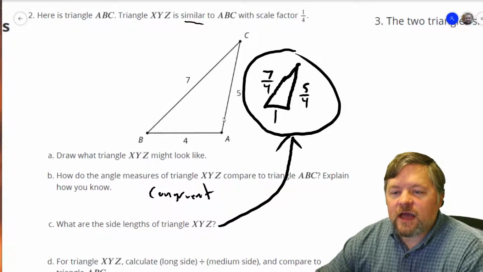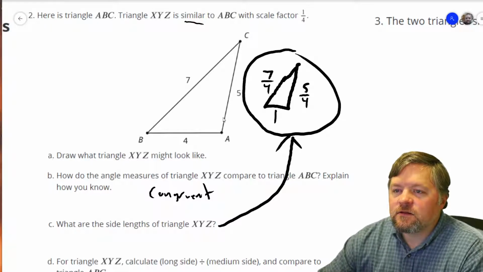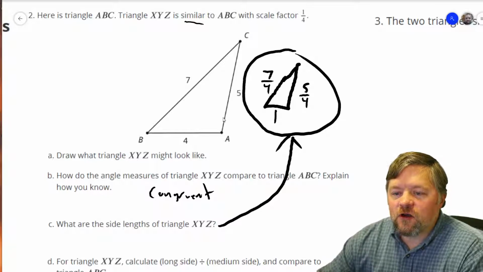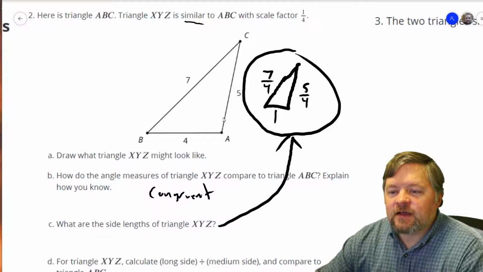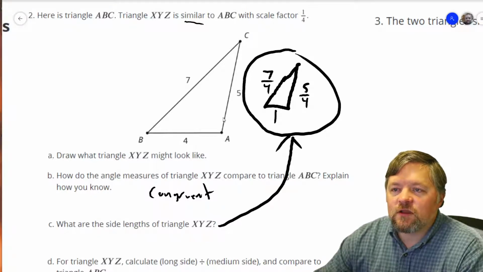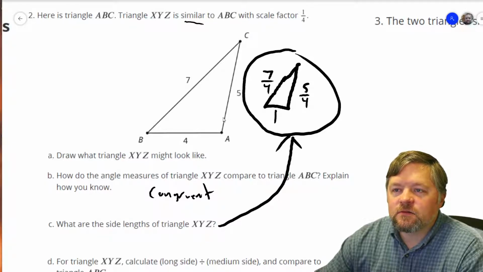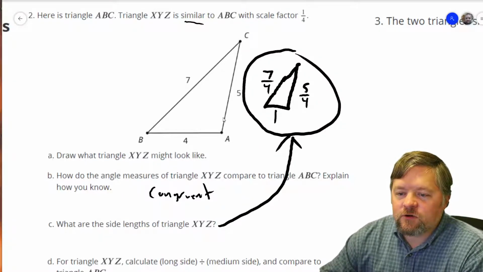For triangle XYZ, that's our new triangle, calculate long side divided by medium side and compare to triangle ABC. So on this one, we had long side divided by medium side would be 7/5.